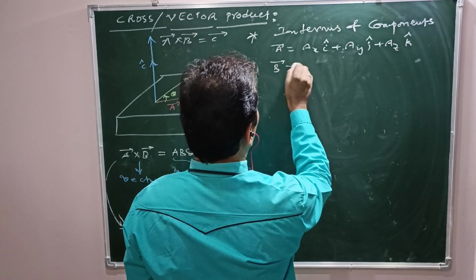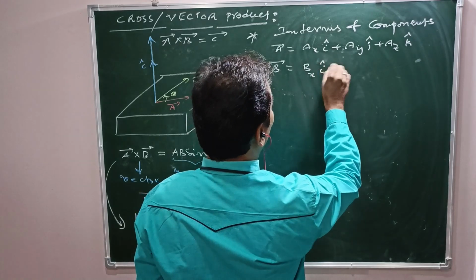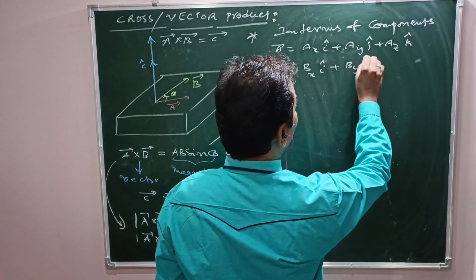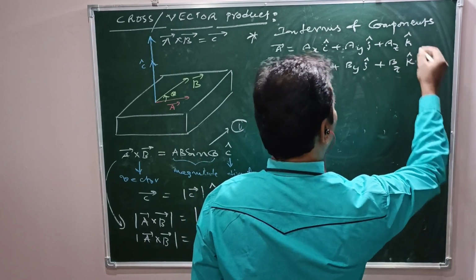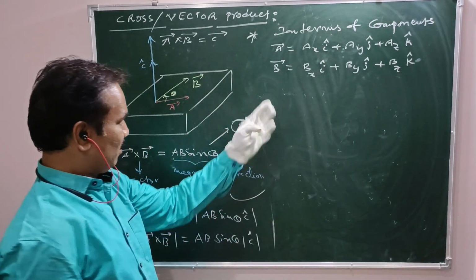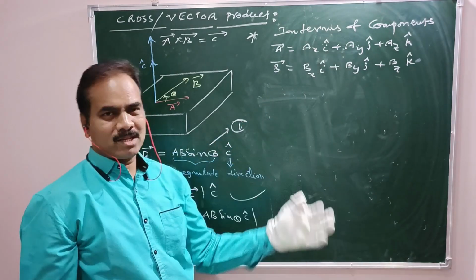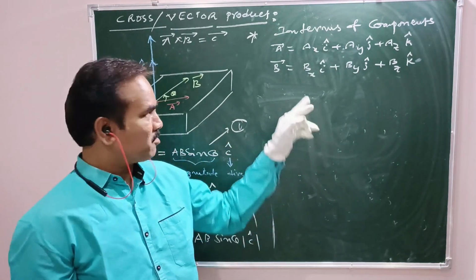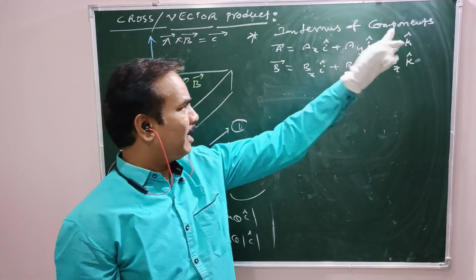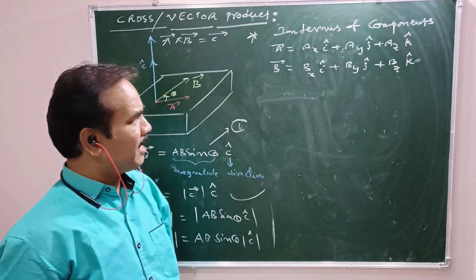B bar equals Bx i cap plus By j cap plus Bz k cap. Simply alphabets, I am not writing any numericals.